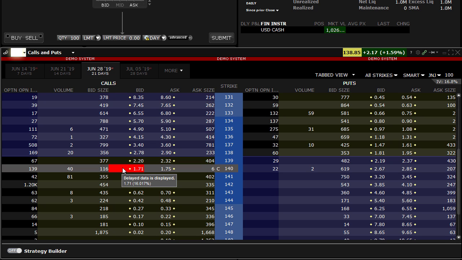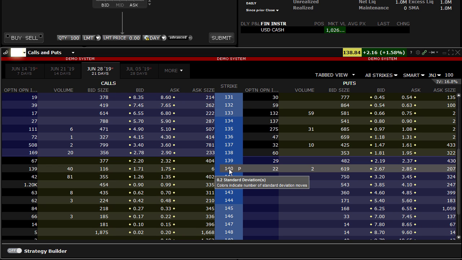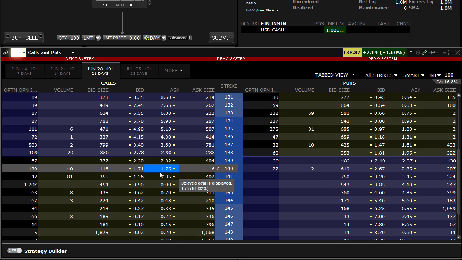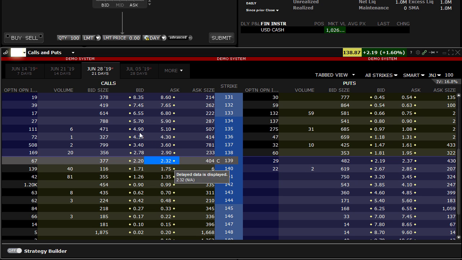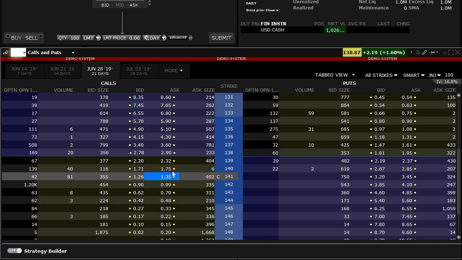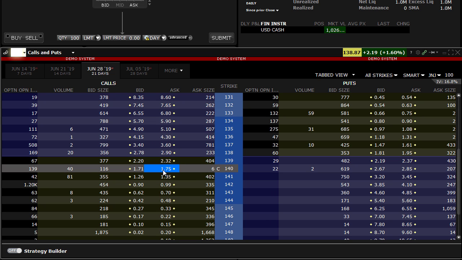Now a stock option doesn't quite work that way, because stock options have limited lifetimes, right? So if you were to buy, for example, this stock option right here, which happens to be, and I'll explain this in a minute, the 140 strike stock option on Johnson and Johnson, you would pay $175 for this option, and you'd be controlling basically 100 shares with that purchase.